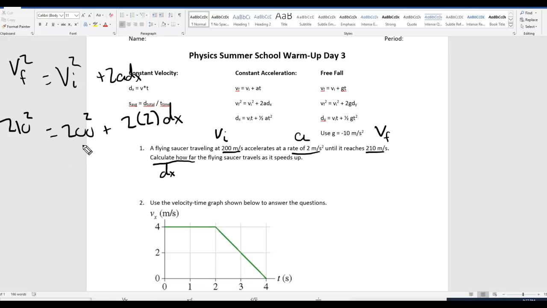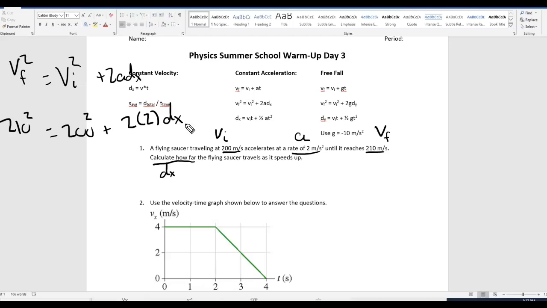Something I want to point out is this 200 squared is not being added to this 2 times 2. Okay, this 2 times 2 is attached to this dx. Okay, so make sure that you're only combining like terms. Just like 2x plus 3 is not equal to 5x because you cannot combine unlike terms. Okay, so just keep that in mind.